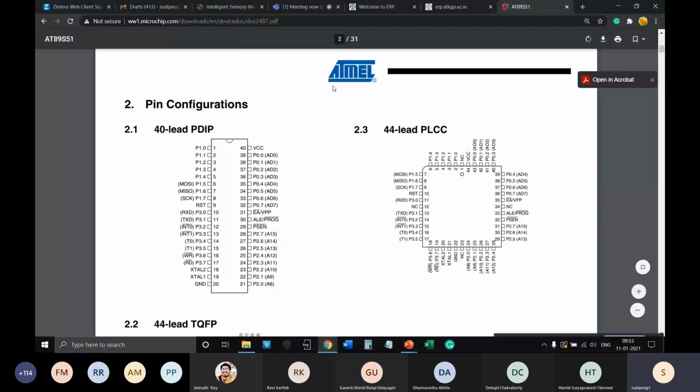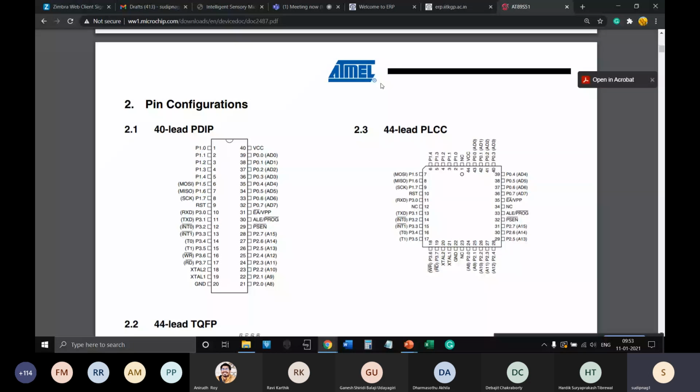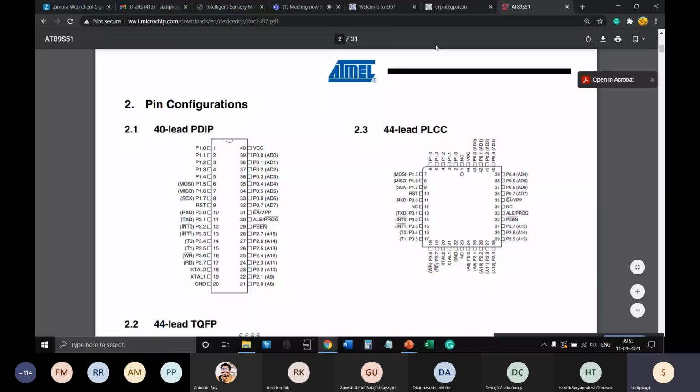Today the situation is opposite: Intel doesn't manufacture 8051 in general, but other companies have licensed the patent from Intel, and many are developing internal circuits while keeping the instruction set the same or even extending it. That's a little story about the history of 8051.